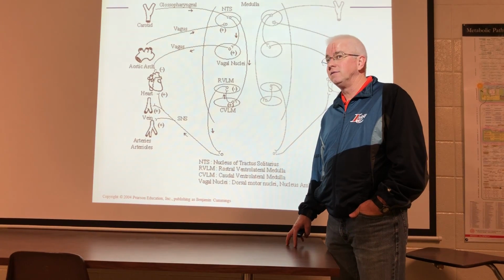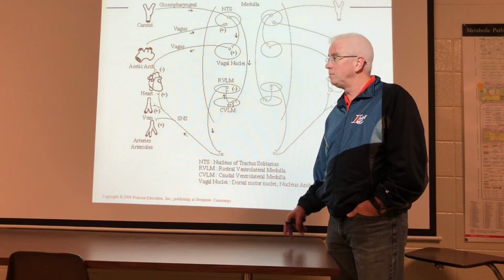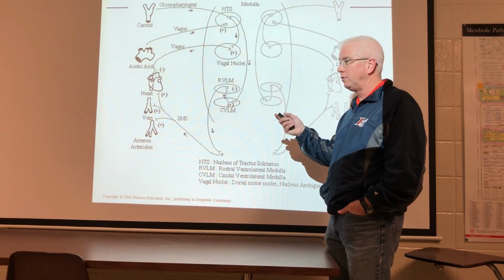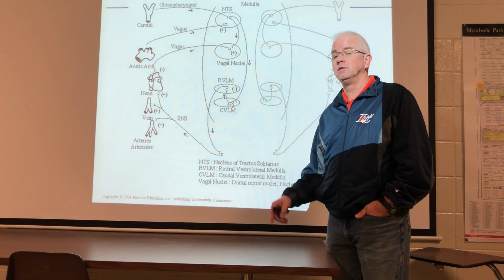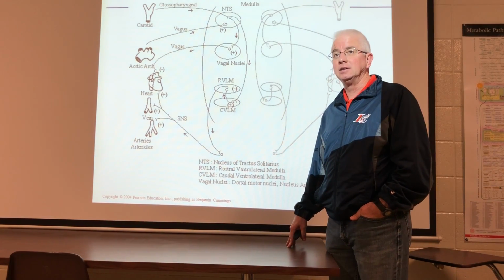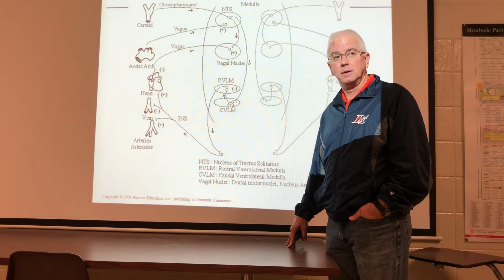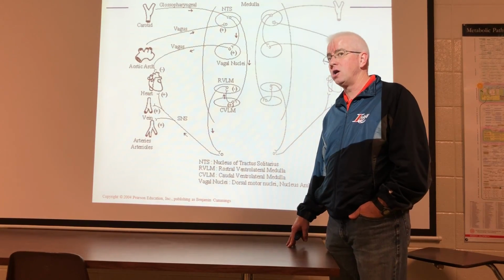And this information in cranial nerve 10, leaving the vagal nuclei of the medulla, traveling along the vagus nerve, is headed to ganglion cells that are located at targets in the thoracic and abdominal body cavity. One of those targets is the heart.